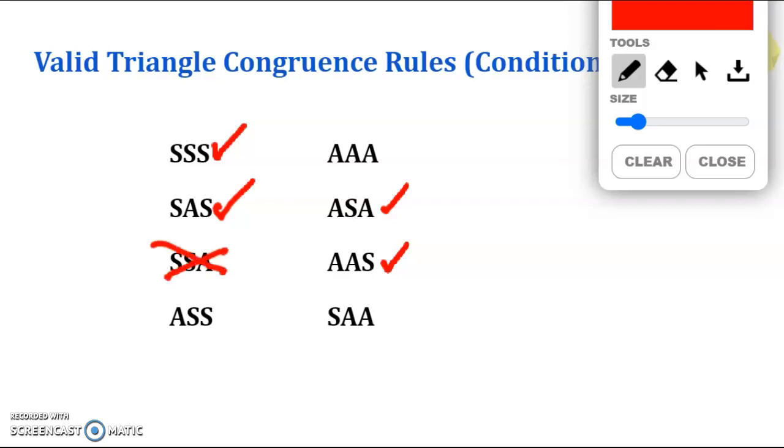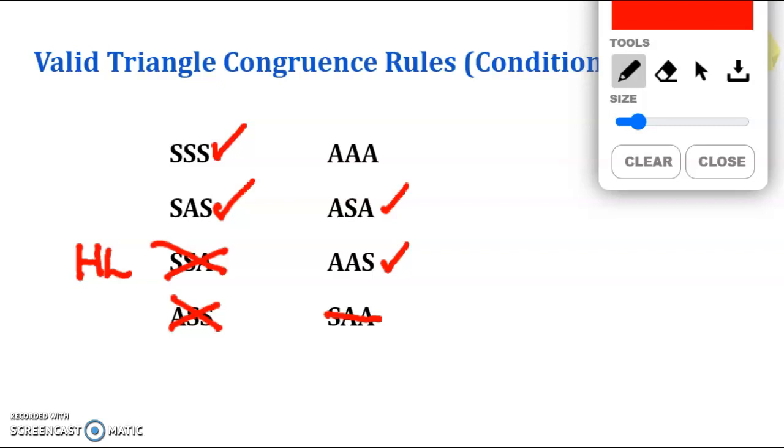And remember, this is the same thing as this. So we're actually not going to consider this. So we have 4 things that are valid congruence conditions, plus we do have HL, which is a special case of angle, side, side when it involves a right angle.